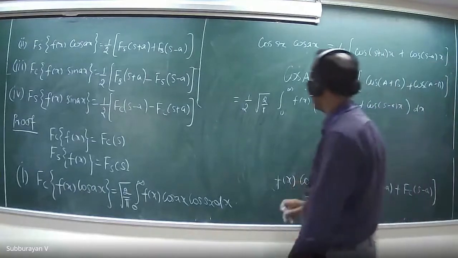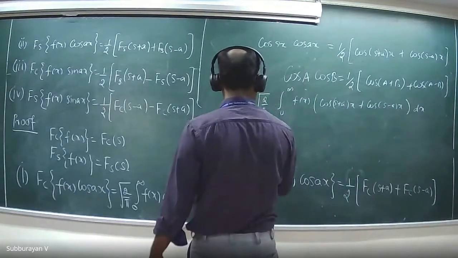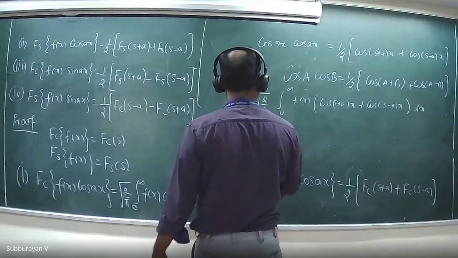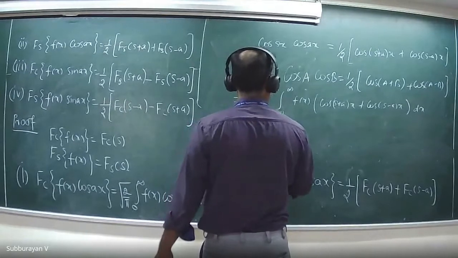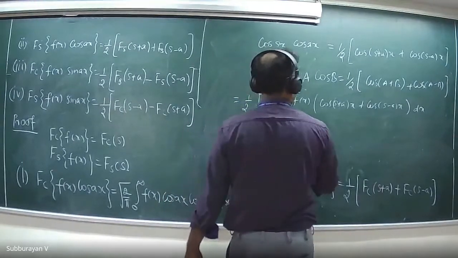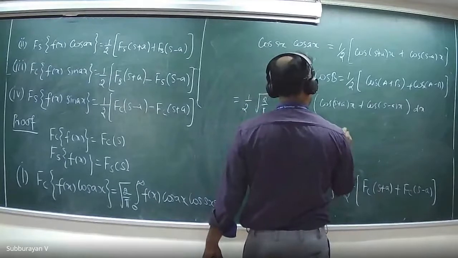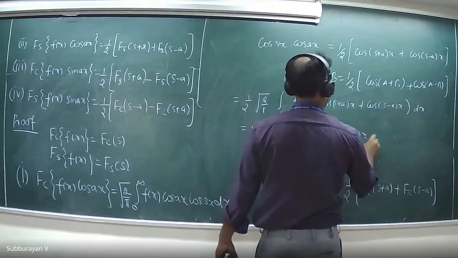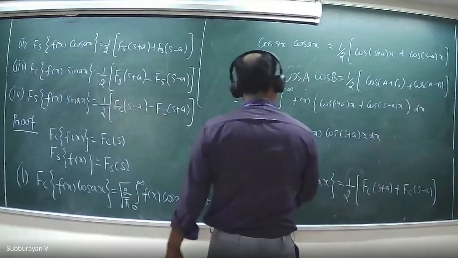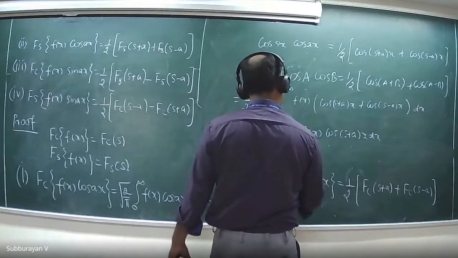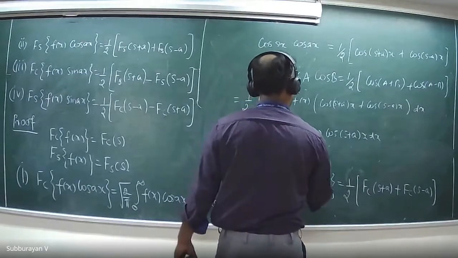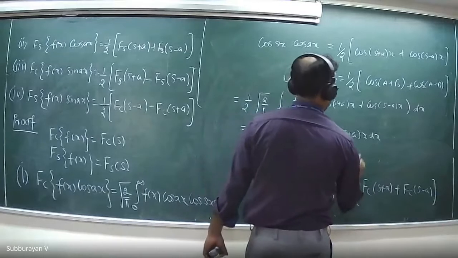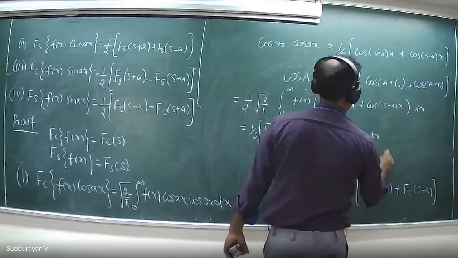Now you split this into two integrals: 1 by 2 into under root 2 by pi integral 0 to infinity of f of x cos s plus a into x dx, plus under root 2 by pi integral 0 to infinity of f of x cos s minus a into x dx.